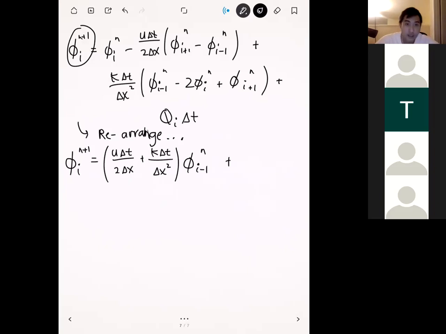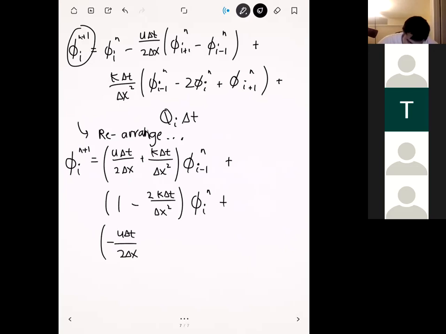Okay, plus then we have the coefficient for phi i n, and so it's going to be 1 minus 2k delta t divided by delta x squared. And this is phi i n plus minus u delta t divided by 2 delta x plus k delta t divided by delta x squared. And this is phi i plus 1 n. And this is plus our source term, which is q i delta t. Okay.